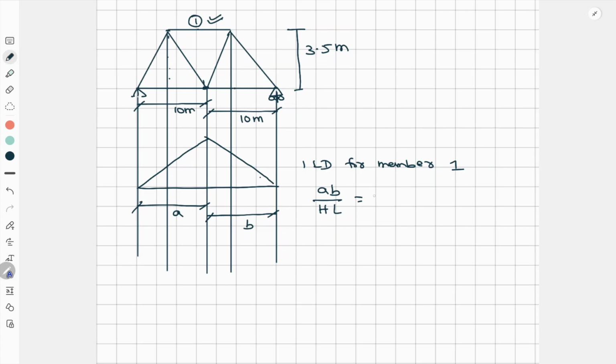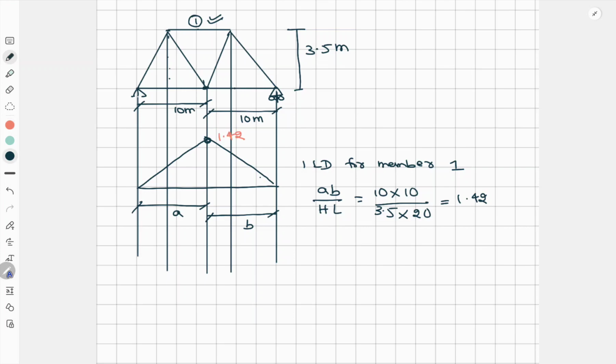A is 10 into B is also 10, divided by H, the height, that is 3.5, into L, the total length, that is 20. Then we will get the value around 1.42. So here at the meeting point the maximum ILD is 1.42.